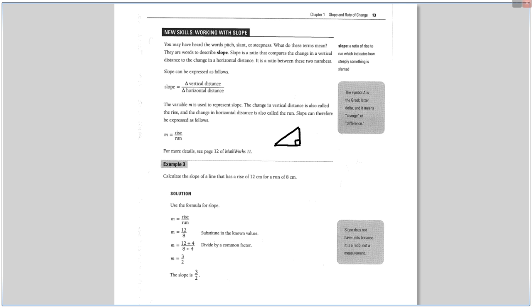Okay, so you guys got that in there? Got rise and you got run. Rise is the easy one to remember. It's the vertical, up and down, rise. And then run is the left, right, the overness, how much over.